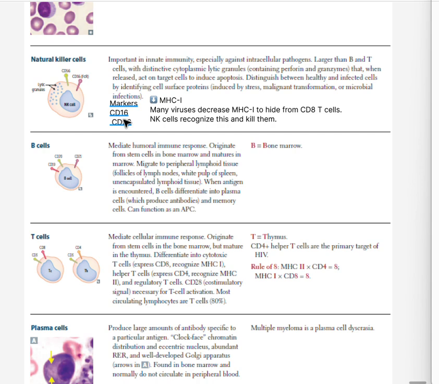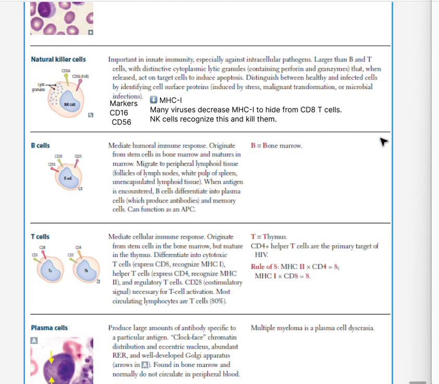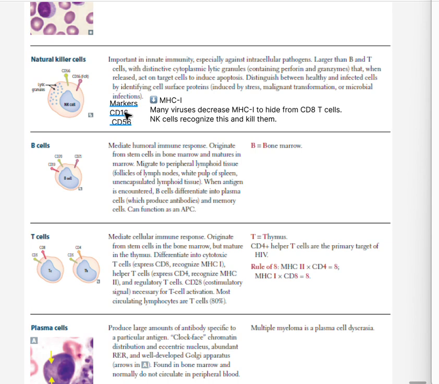And the CD16 is the killing receptor. It's also known as the Fc gamma receptor 3, the CD16. Its main job is to find the Fc portion, bind to it of the IgG antibodies, and this allows the NK cells to perform antibody-dependent cellular cytotoxicity.